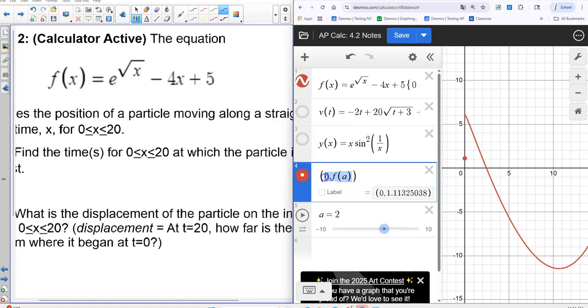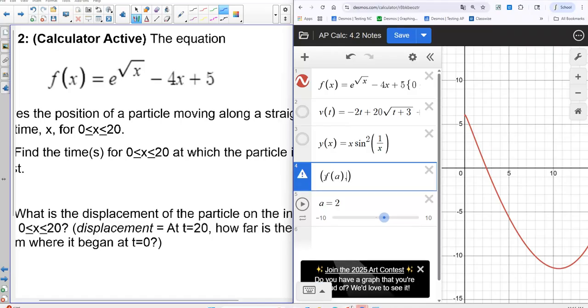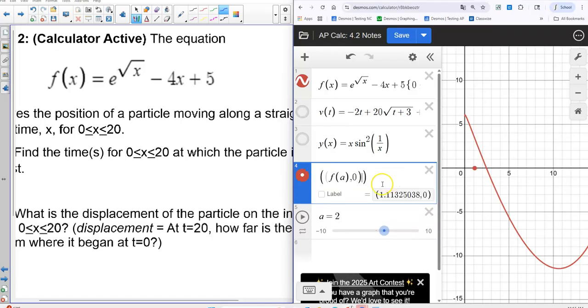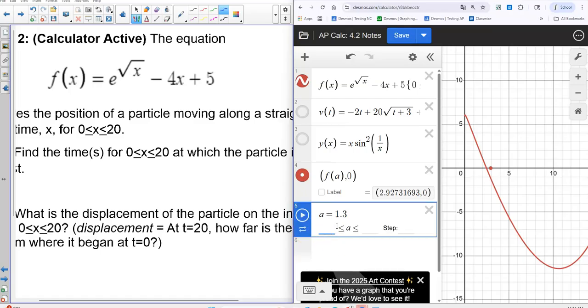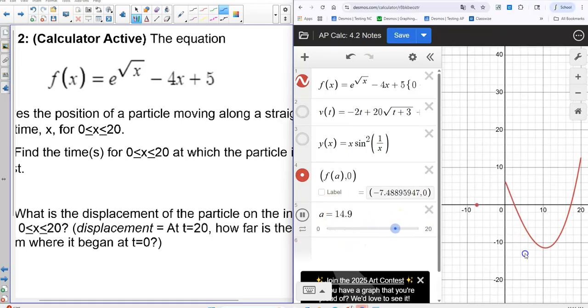I want F of A, 0. All right, so watch this. This is what's happening right here. Like that particle, I can even do this. If I make this go from 0 to 20, right here is what the particle is doing.